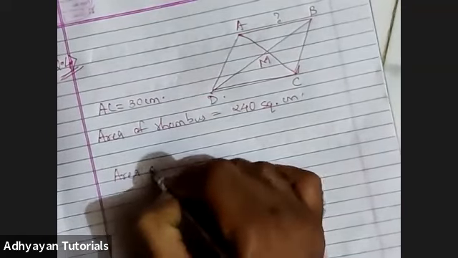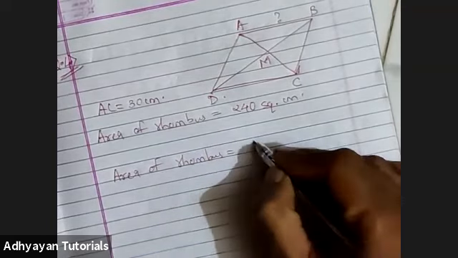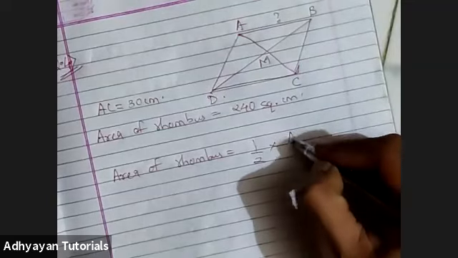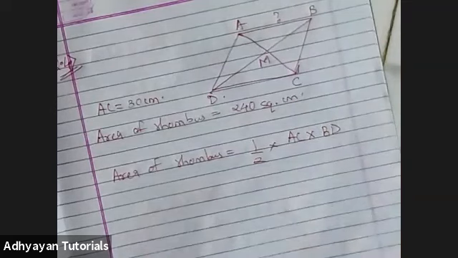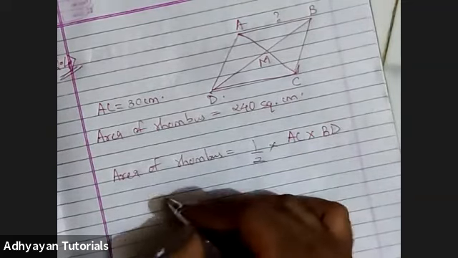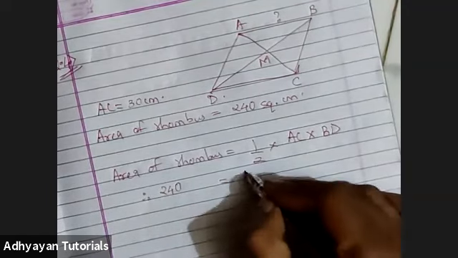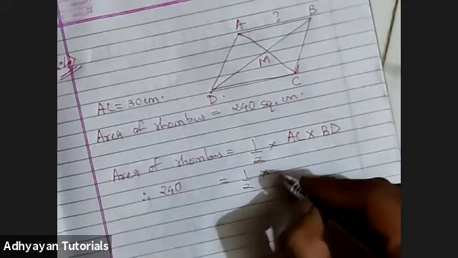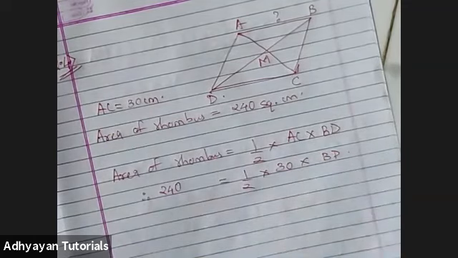तो talking about area of rhombus, it is nothing but half into diagonal 1 which is AC into diagonal 2 which is BD, right? Substituting the values, area of rhombus का value is 240, which is equal to half into AC का value is given to us as 30, and we need to find BD. Right?